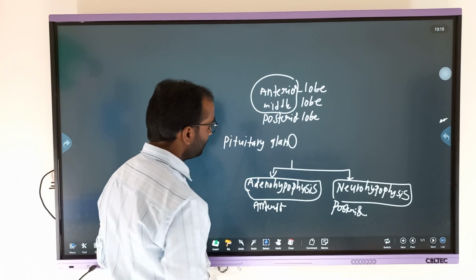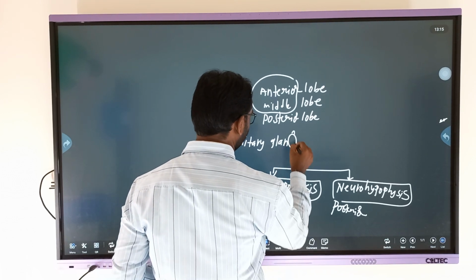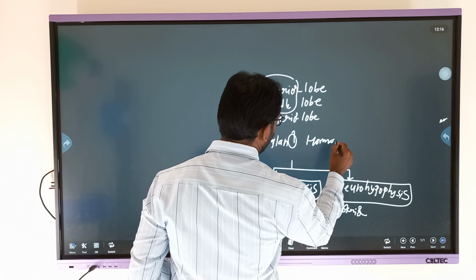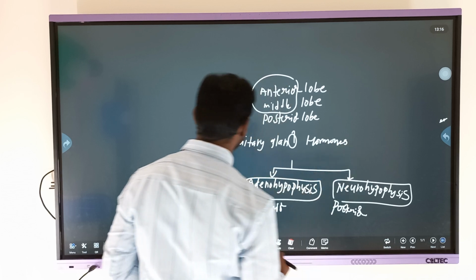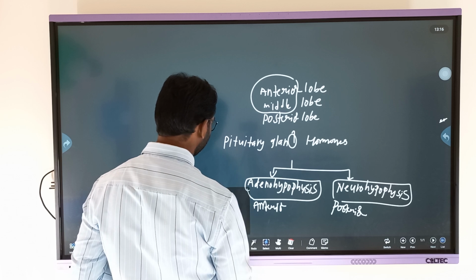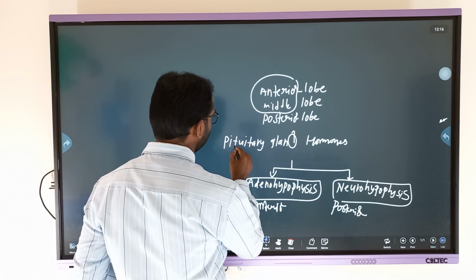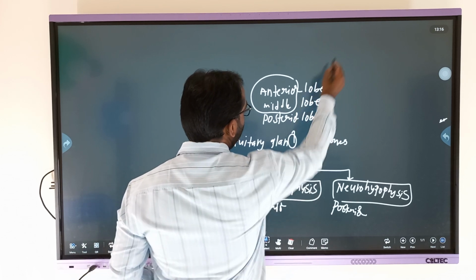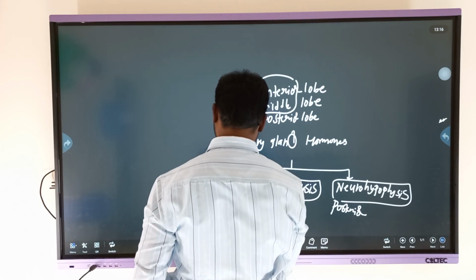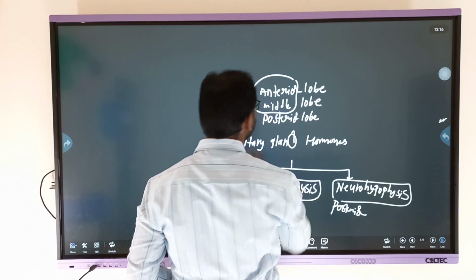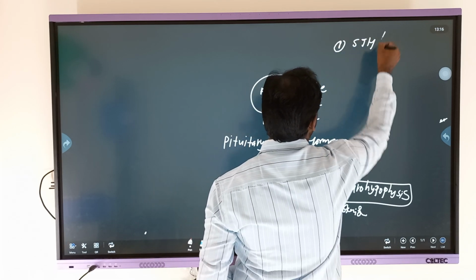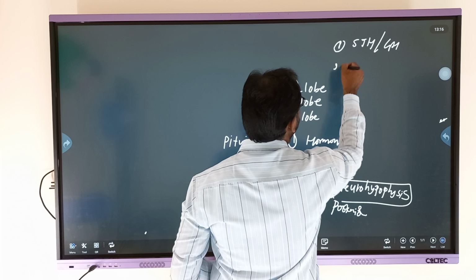First, the hormones from the anterior pituitary: STH or growth hormone.